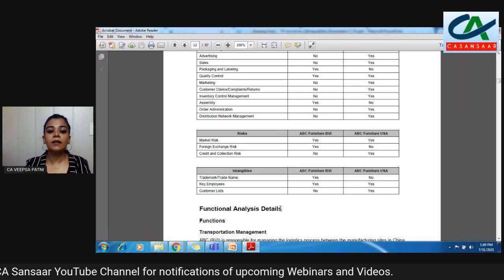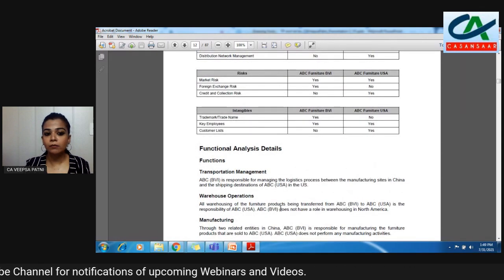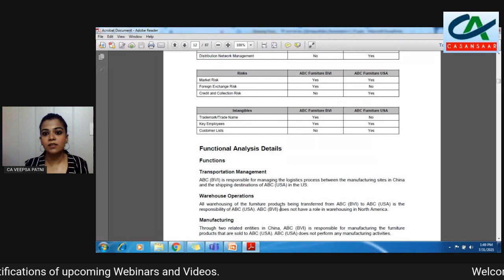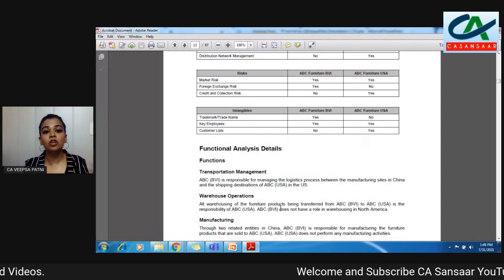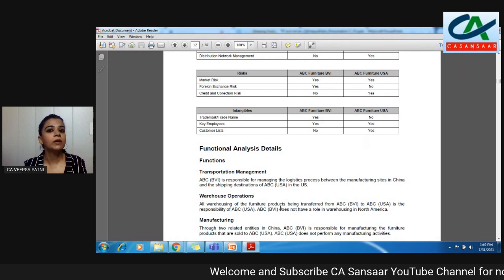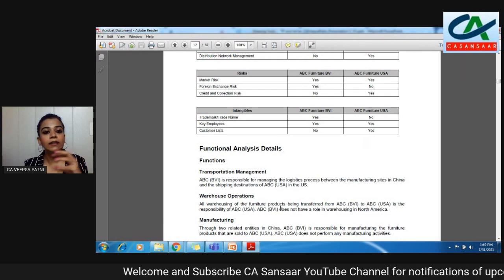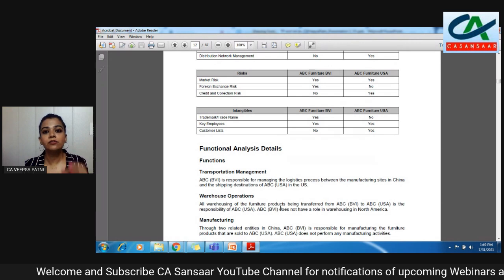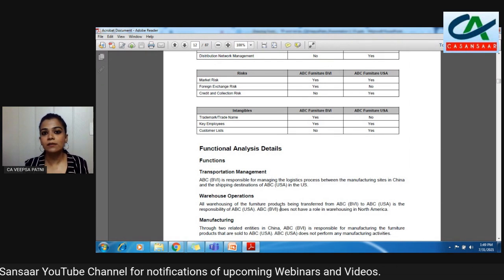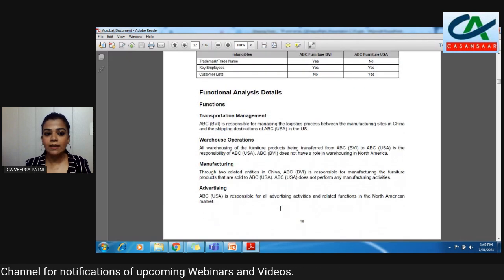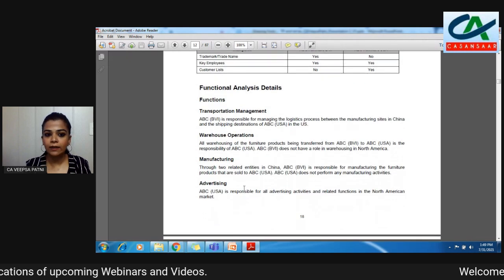So functional analysis, which includes your functions, assets and risks, is the base of your economic analysis. You cannot do an economic analysis unless the details of the functions, assets and risks are captured and known by you as a TP consultant. So, as I told you, all these functions are detailed out.